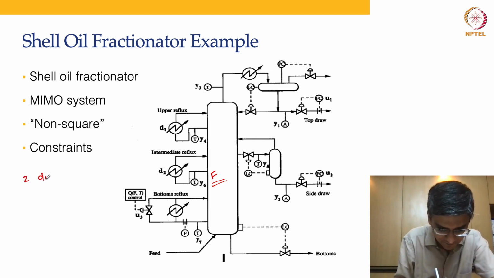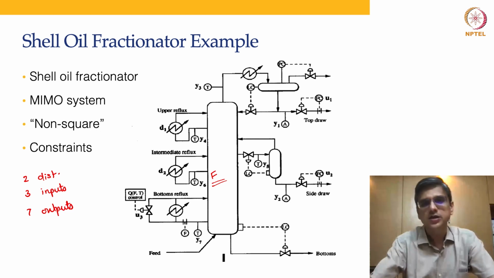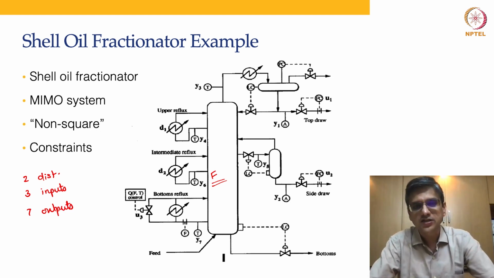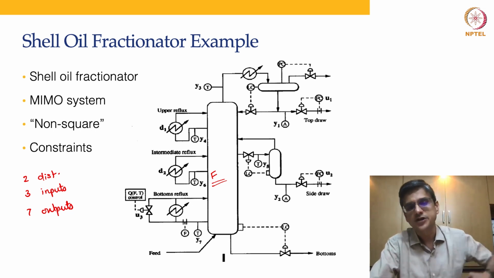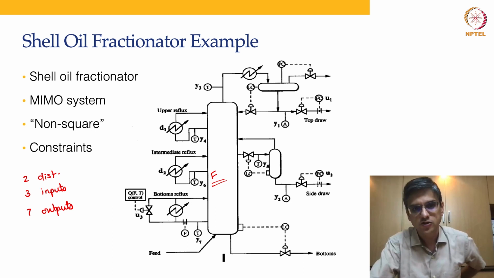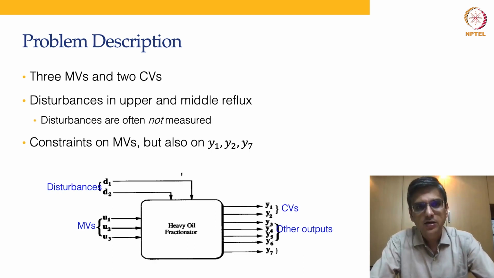There are two disturbances, 3 inputs and 7 outputs in this example. Okay, and all the transfer functions between inputs and outputs and between disturbances and outputs were given in the Shell Oil fractionator challenge problem itself, as well as the determination of model plant mismatch was also presented over there.